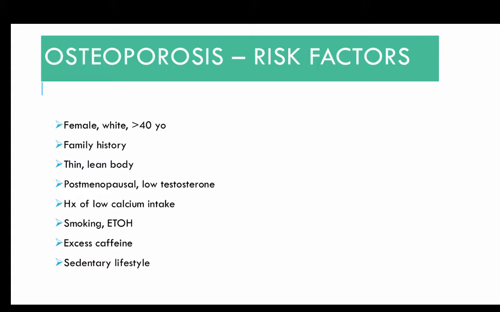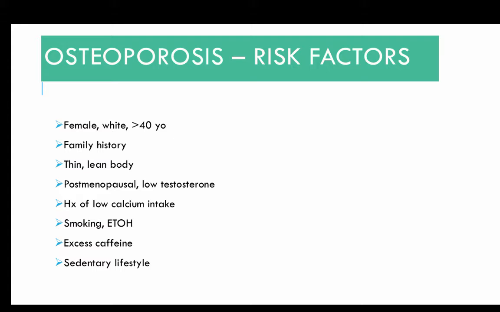Sedentary lifestyle or non-weight bearing, people who have paraplegia or quadriplegia, they have an increased risk for osteoporosis. Other things, secondary causes include hyperparathyroidism, where the parathyroid hormone, which pulls calcium, increases blood calcium, it's going to start sucking it out of the bone.